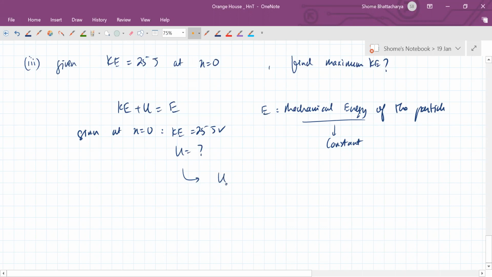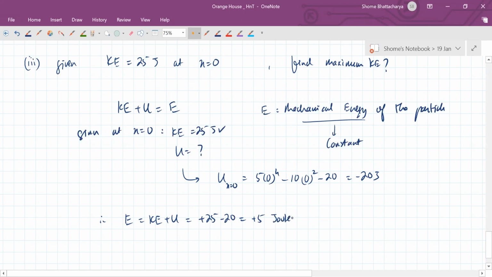So potential energy at x equal to 0 is 5 into 0 to the power 4 minus 10 into 0 to the power 2, okay, minus 20. So the potential energy is minus 20 joules now. So the total mechanical energy is plus 25 minus 20. So that is plus 5 joules. Okay. So this is the total mechanical energy.